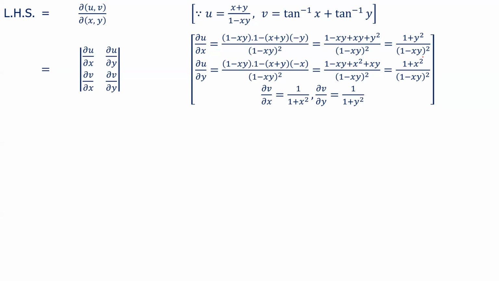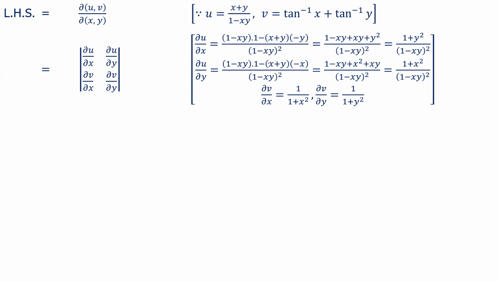Similarly, what is the partial derivative of u with respect to y? Again, the same thing is happening here. Numerator and denominator both are functions of y, so we have to use the u by v rule for the differentiation. So denominator times derivative of numerator with respect to y is 1 minus xy times 1, minus numerator (x plus y) times derivative of denominator 1 minus xy with respect to y, which is minus x, whole divided by (1 minus xy) whole square.